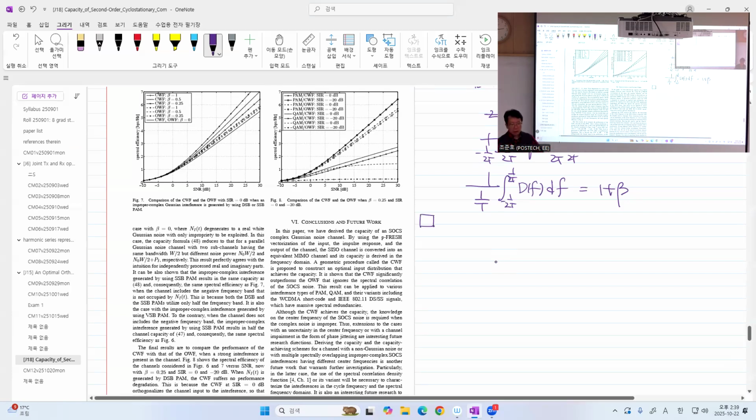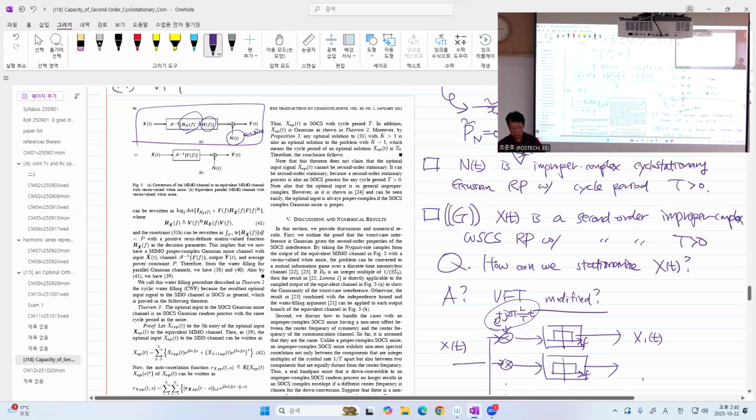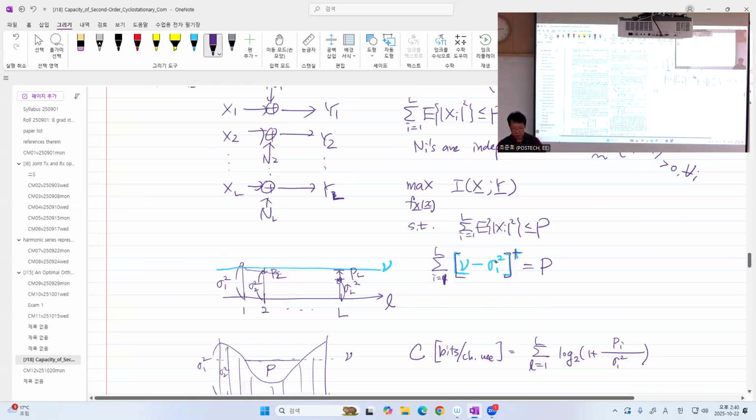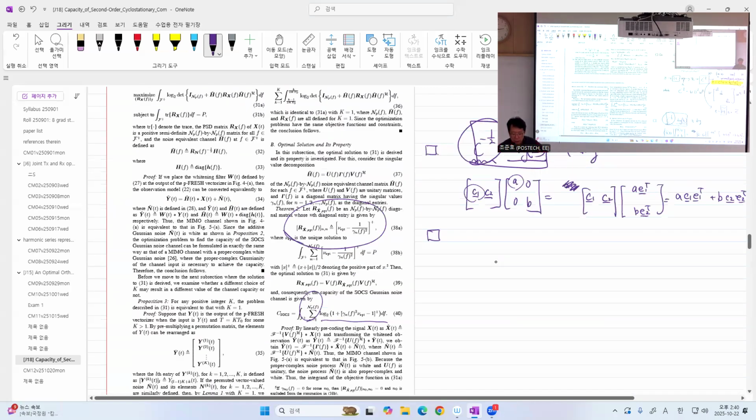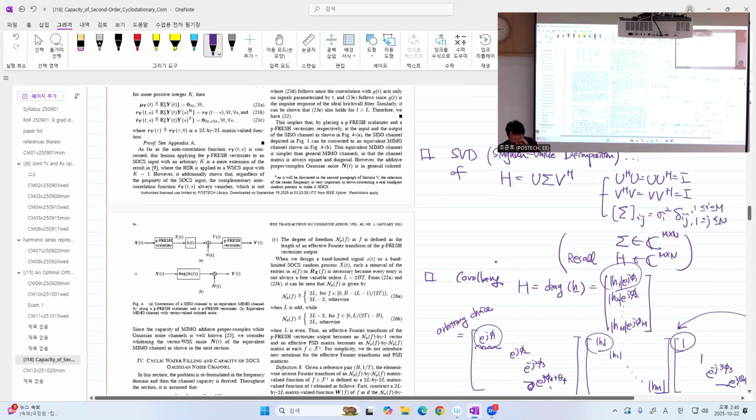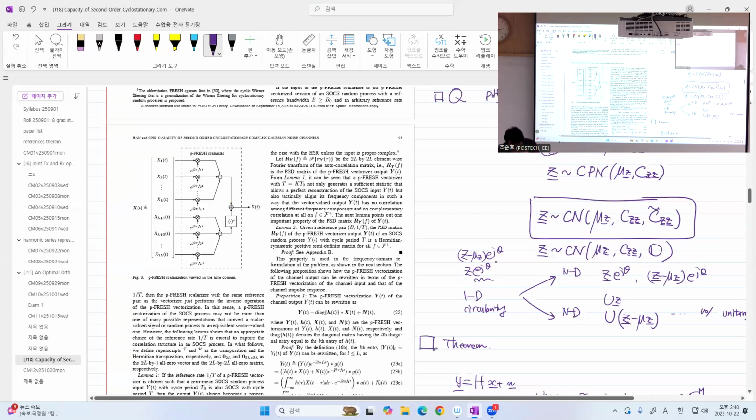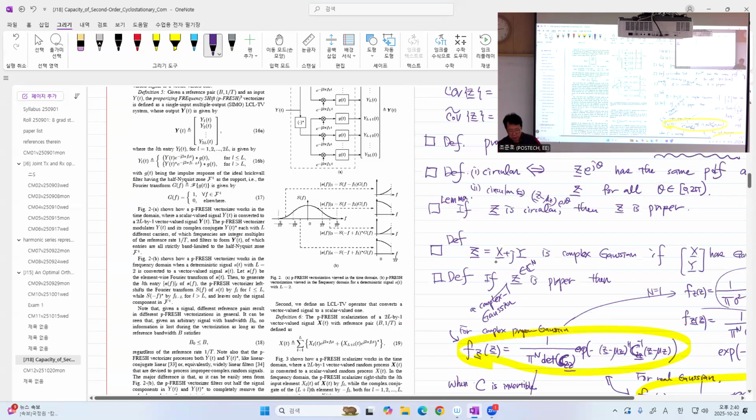Now, here goes the properizing frequency shift vectorizer. Just a second. Did I name it here in this paper? P-fresh scalarize, P-fresh vectorize.